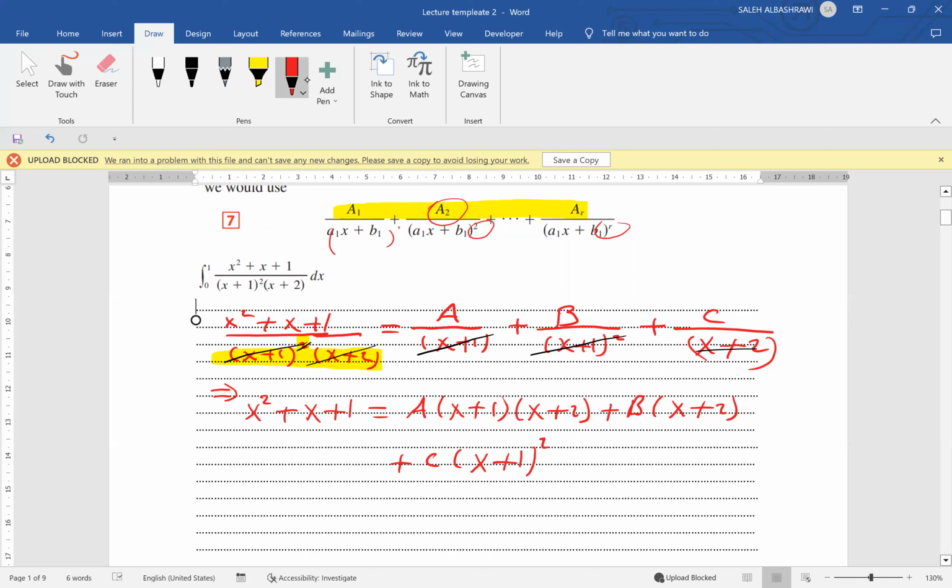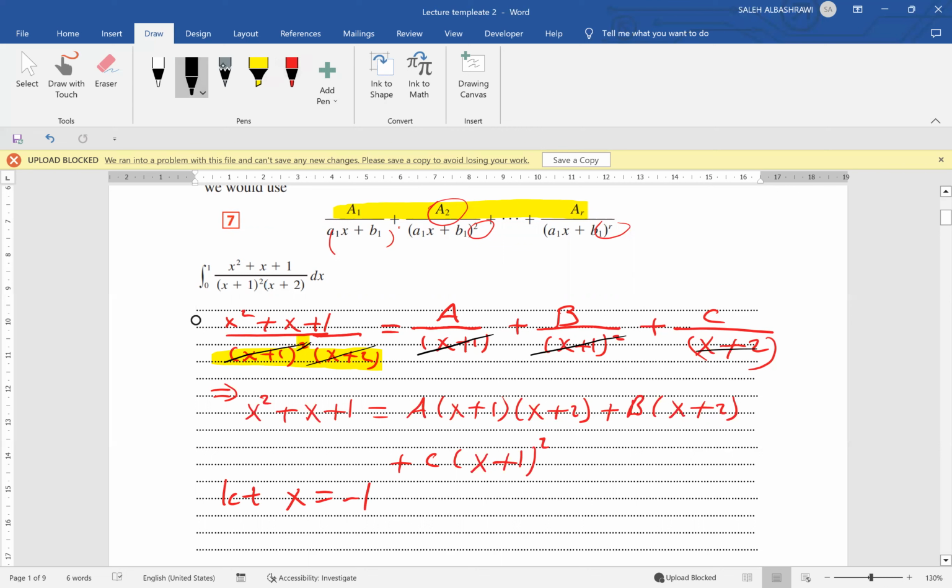Or we can choose values for x so that we can eliminate one of these factors. For example, let x equal to minus 1. So let's replace x by minus 1.